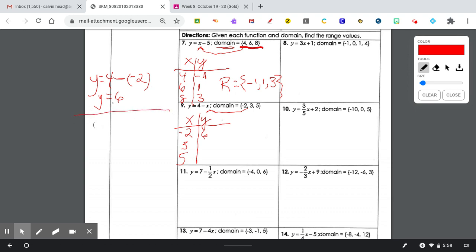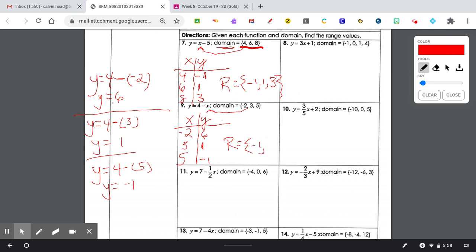All right. Now I have Y equals 4 minus 3. So 4 minus 3 is 1. And then I have Y equals 4 minus 5. And 4 minus 5 is -1. Now I write my range. And remember, least to greatest.